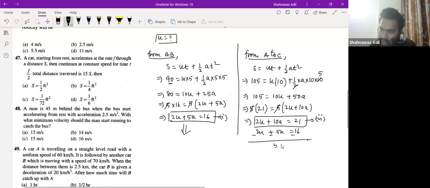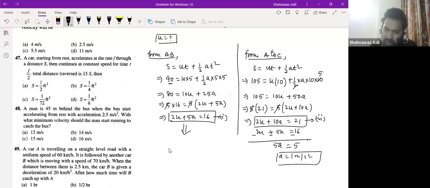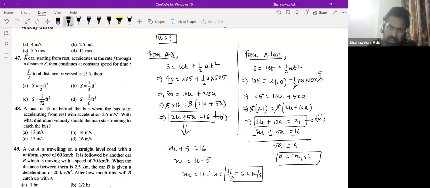This is 5a equals 5, so a is 1 meter per second square. And we put this value in here. So 2u plus 5, that is 16. So 2u is 16 minus 5. So 2u is 11, so u is 11 by 2, which is 5.5 meter per second. So this would be the answer.